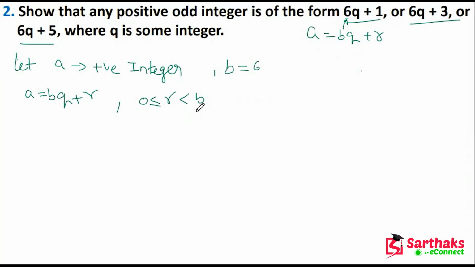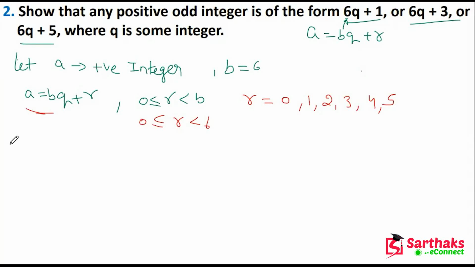What is b? b is 6. So r is always greater than or equal to 0, but less than 6. So r has the values 0, 1, 2, 3, 4, 5. Now we substitute the value of r in this equation.